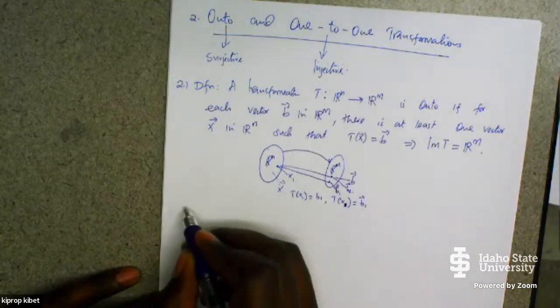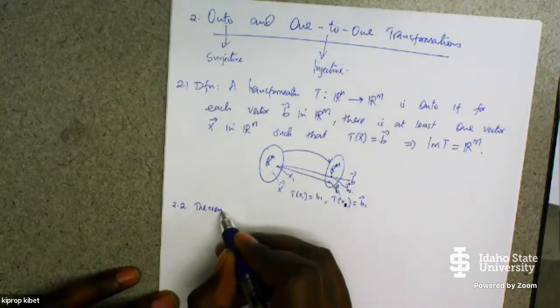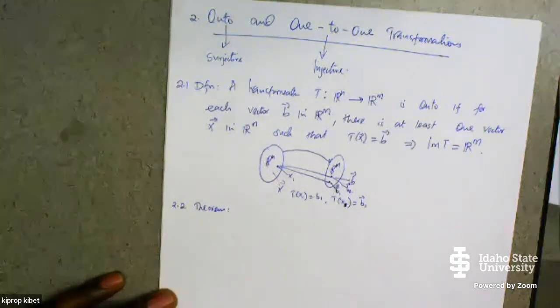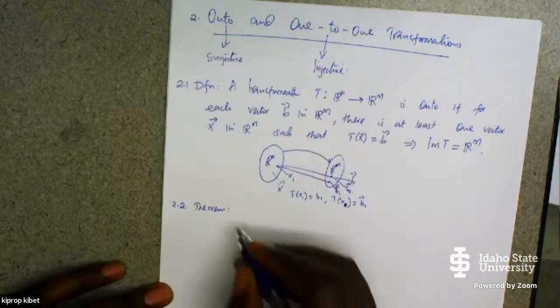Let's look at theorem 2.2. So what happens when it is now a matrix? When you form a matrix from here, what can we say for it to be onto?